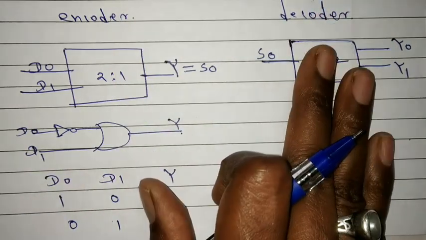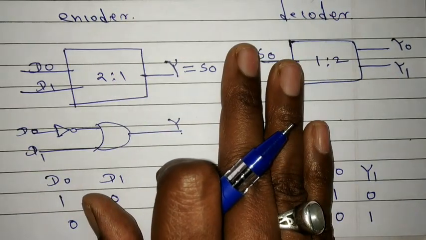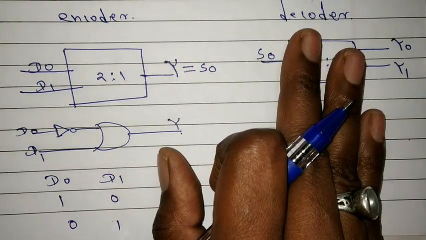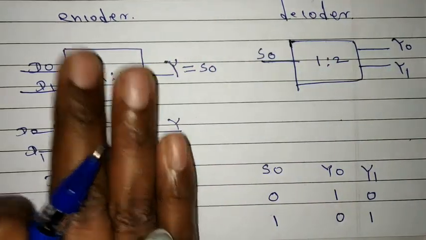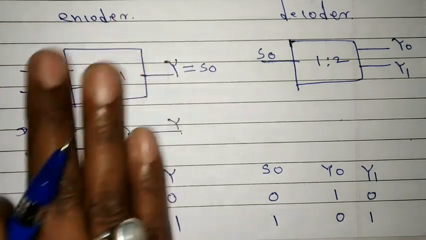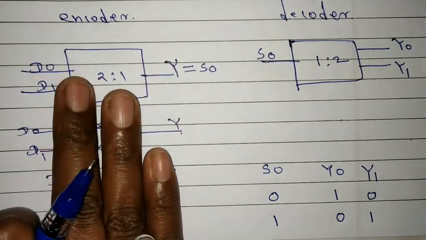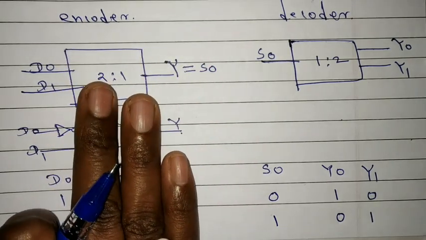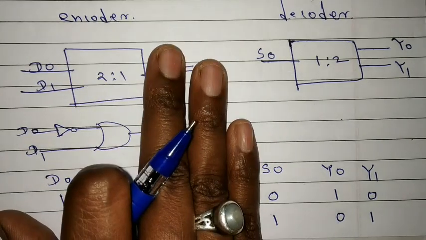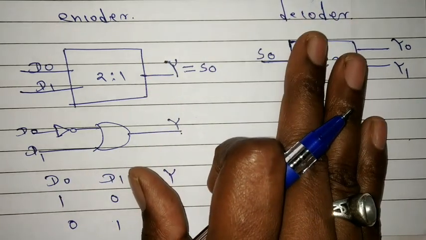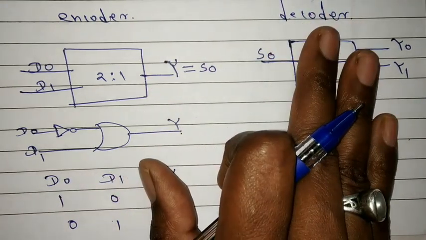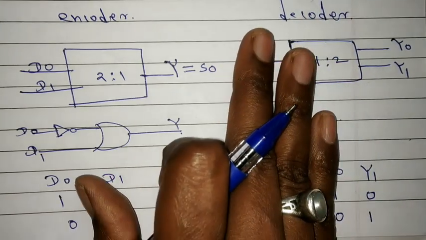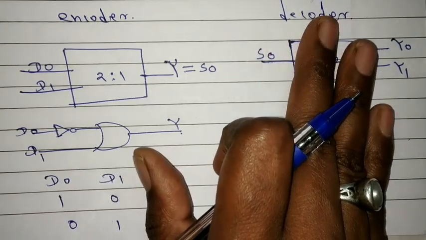In the decoder, the input lines are absent and the select lines are considered as inputs. Again I repeat, the encoder is the same as a multiplexer, but the output lines are absent and the select lines are considered as outputs. And the decoder is the same as a demultiplexer, but the input lines are absent and the select lines are considered as inputs.